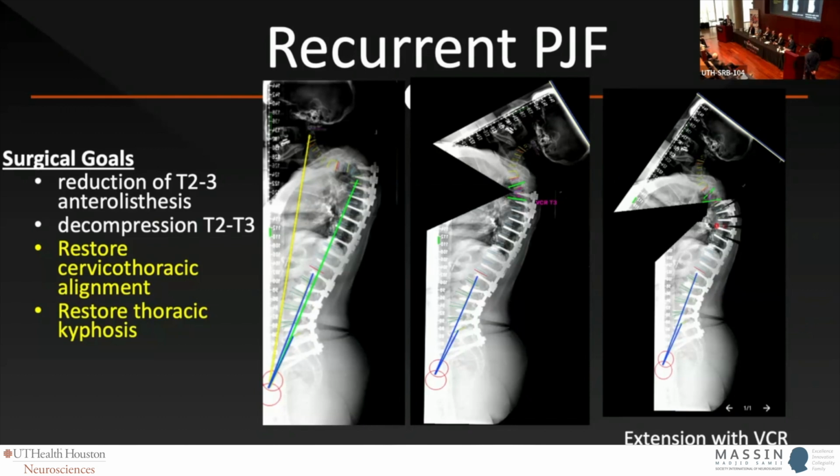So on the goals, I agree with all the panel, restoring the cervicothoracic alignment and treating the patient's myelopathy are primary. But if you don't restore the thoracic kyphosis, again, you could be setting up another problem. As you see, the middle film is what would be simulated if you had just done the VCR without restoring kyphosis and creating the apex, or shifting the apex lower down.